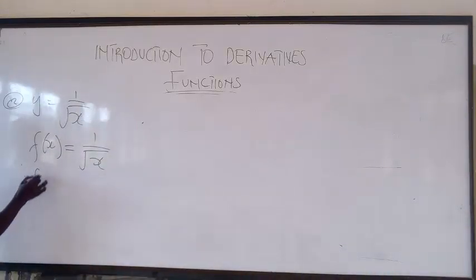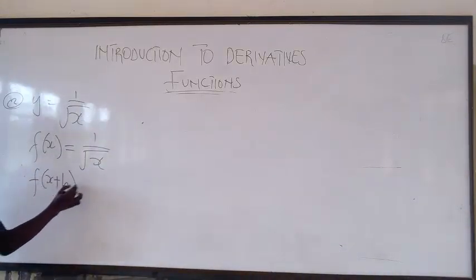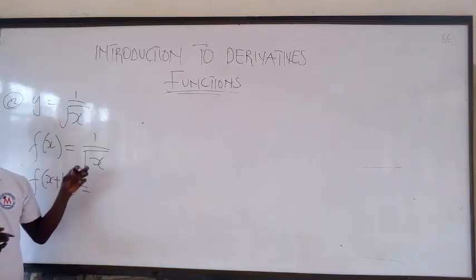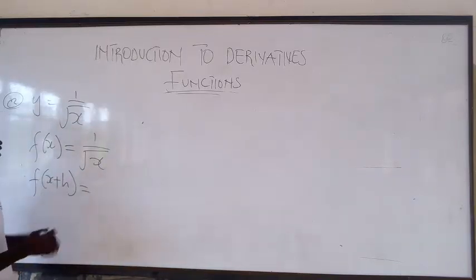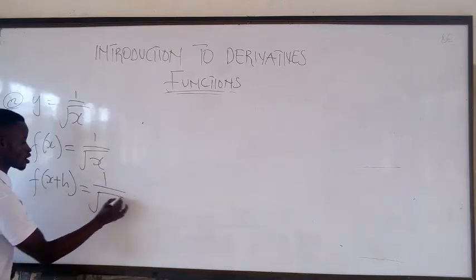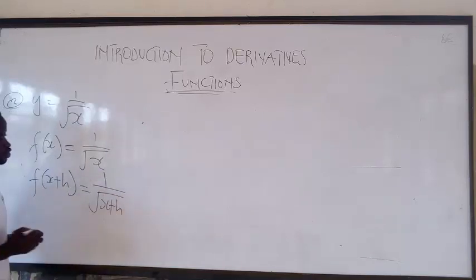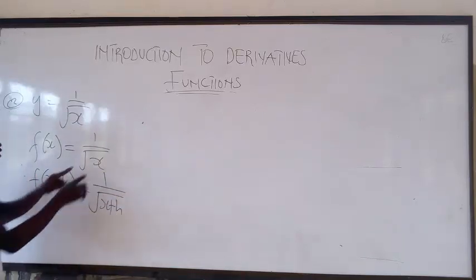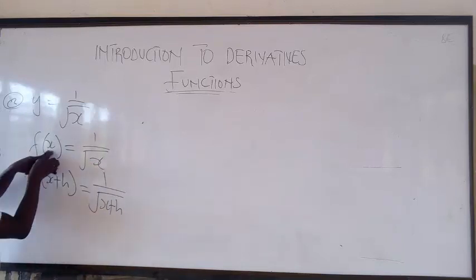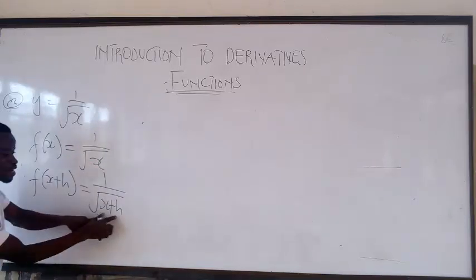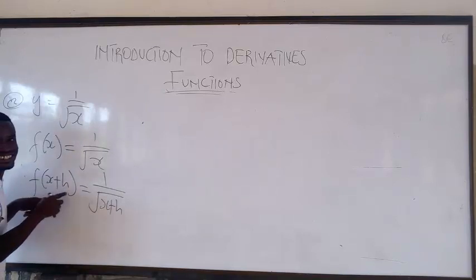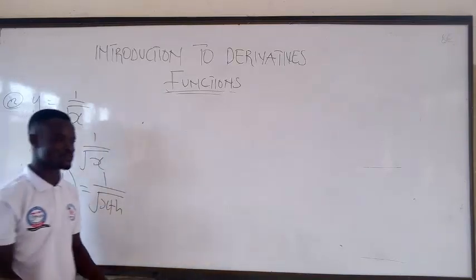So we continue to define f of x plus h. This means that wherever you see x, put x plus h. So 1 over square root of x plus h. Just simple. You have x here because x is here. You have x plus h here because x plus h is here. You see that? Just simple.